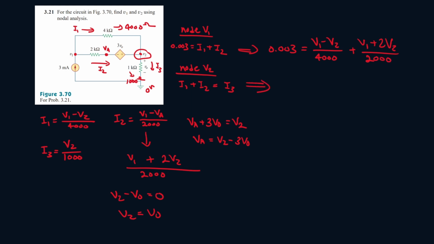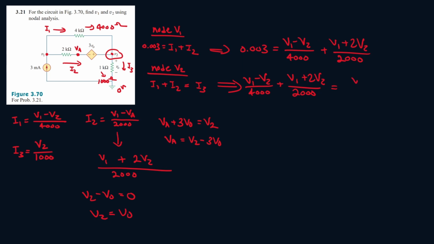And now you have this one. It's equal to V1 minus V2 all over 4,000 plus V1 plus 2 V2 all over 2,000. And this will be equal to I3, V2 over 1,000.